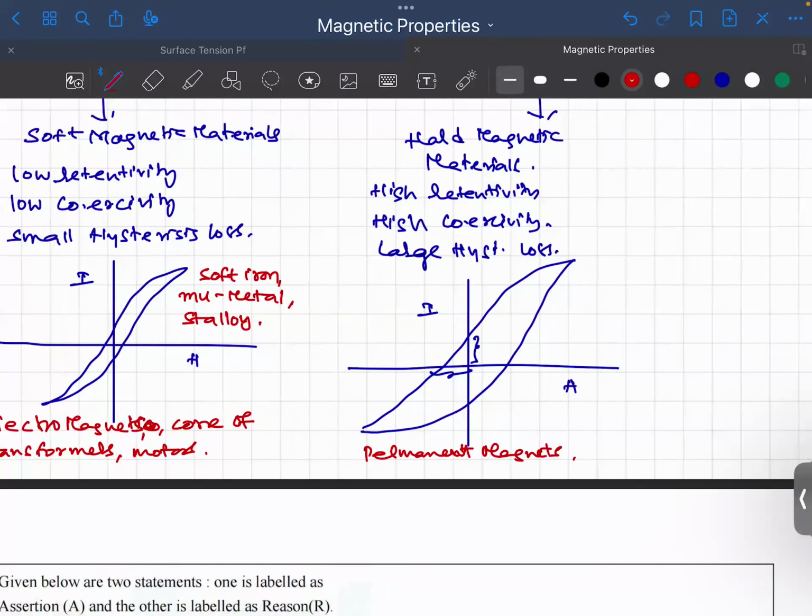For preparing permanent magnets in loudspeakers and various electric meters, you require this. The ammeter has a horseshoe magnet. The voltmeter has a horseshoe magnet. A moving coil galvanometer will have a horseshoe magnet.